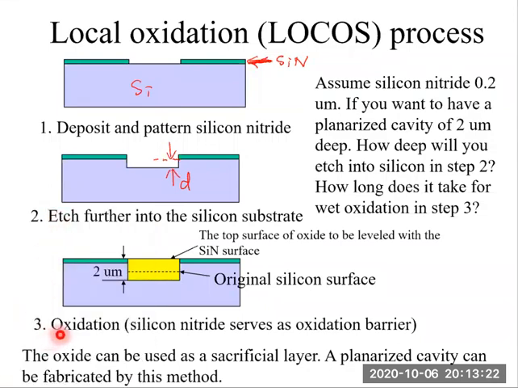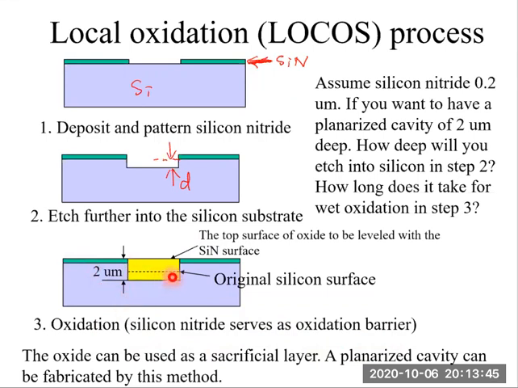Then we perform thermal oxidation. During thermal oxidation, this silicon nitride thin film serves as an oxidation barrier. Namely, the silicon underneath silicon nitride is not oxidized.